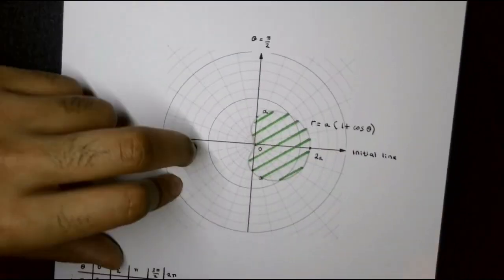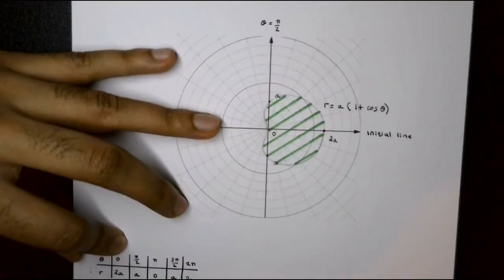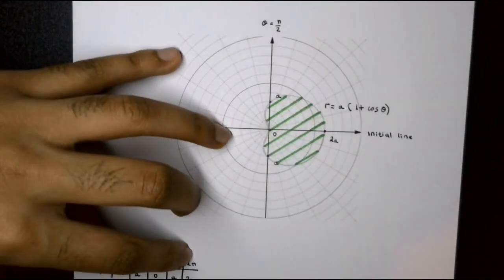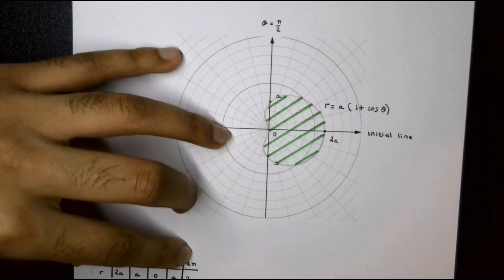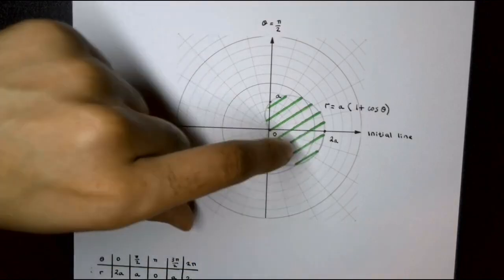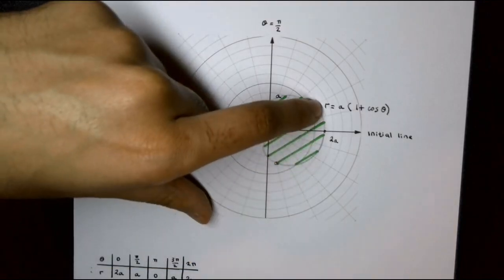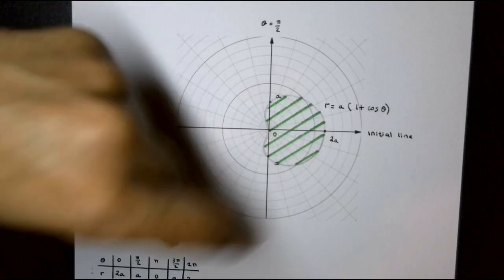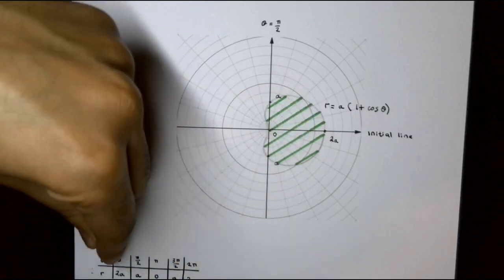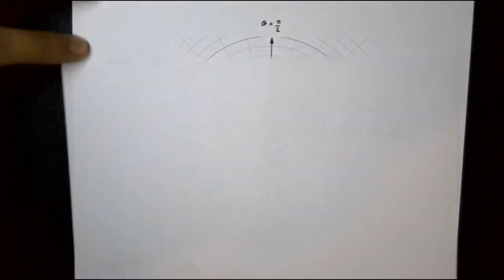Well, we've gone from theta equals 0 to theta equals 2 pi. And these are the half lines which we considered to help us draw this polar equation. So our limits of integration will be from 0 to 2 pi.